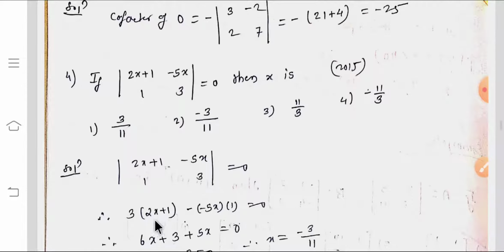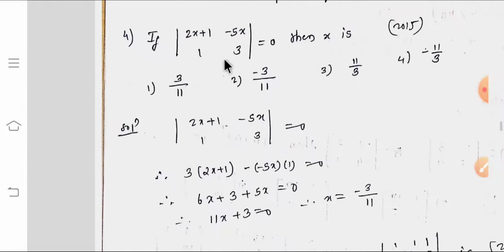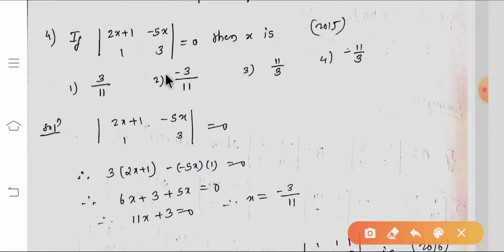So 3 twos are 6x plus 3 plus 5x equals 0, that is 11x plus 3 equals 0. Therefore x equals minus 3 by 11, because 3 goes to the right-hand side with a negative sign and 11 goes to the denominator. From the options, the correct one is option 2, minus 3 by 11, which is the solution.